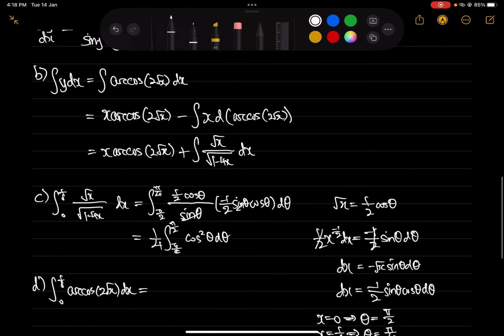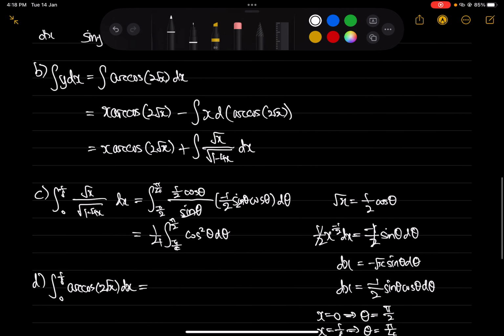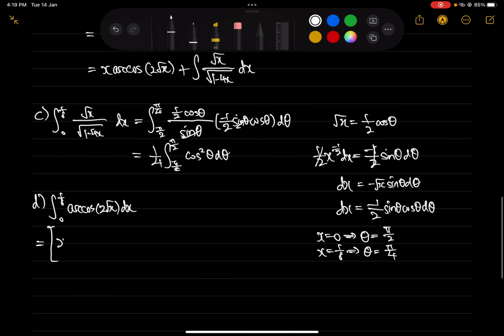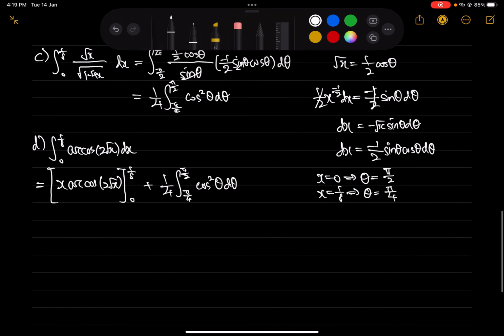is obviously we use part B as well. So that's x arc cosine of 2 root x from 0 to 1 over 8 plus this part, which is that, which is this, and well, any toddler would know this.